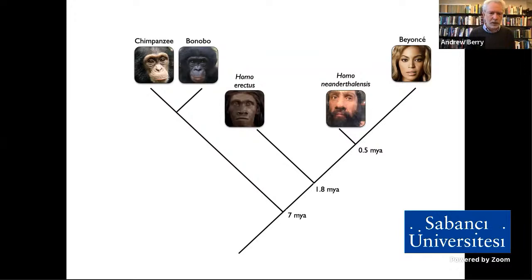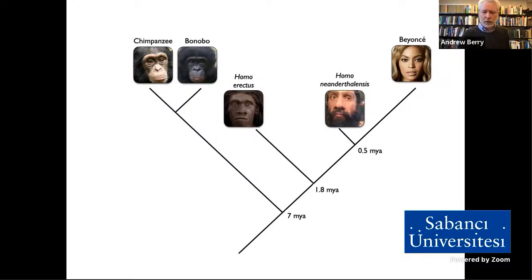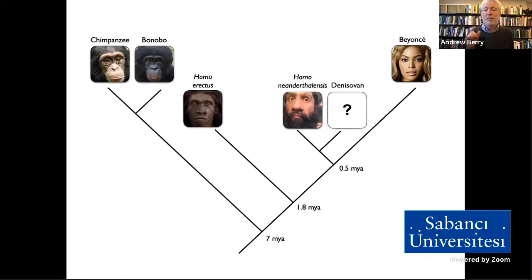We've got Beyoncé as our representative now. Here's our closest relative, Neanderthals. It turns out we have two closest relatives, but we don't know what the Denisovans look like. Denisovans are related to Neanderthals. They're quite distinct from the Neanderthals, but we only have a little finger bone and a tooth so far in terms of understanding what they look like.